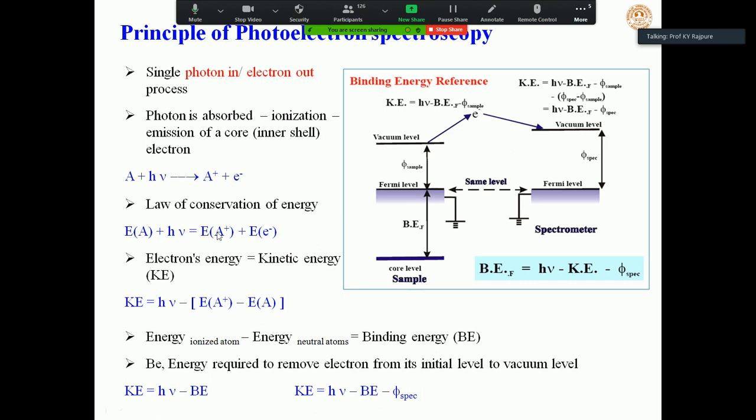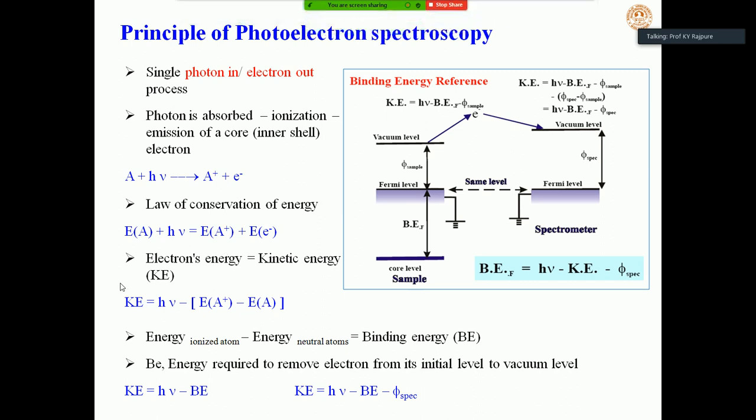But you see, we carry out this experiment in a machine called a spectrometer. A spectrometer is a machine which records intensity with respect to energy, wavelength or wave number. So the electron has to leave this spectrometer also.